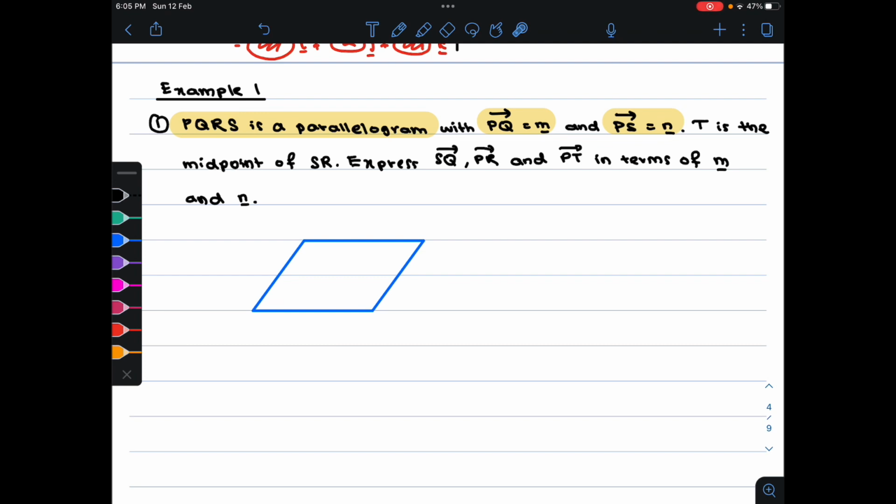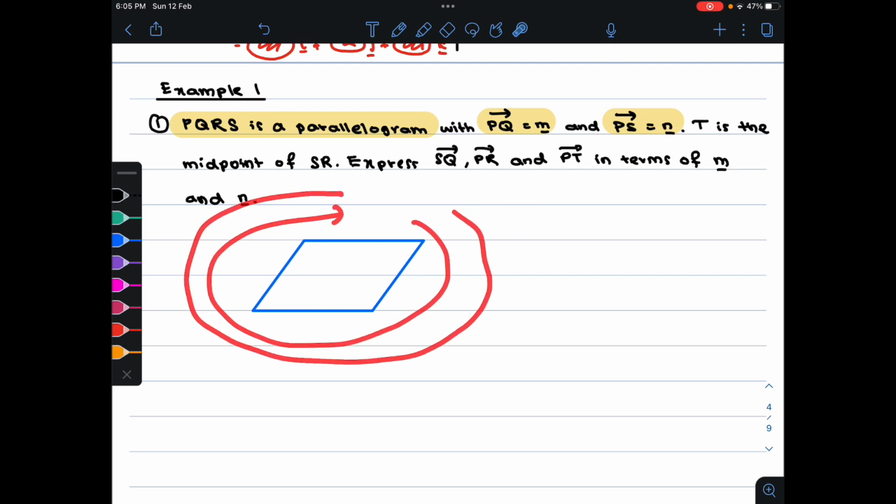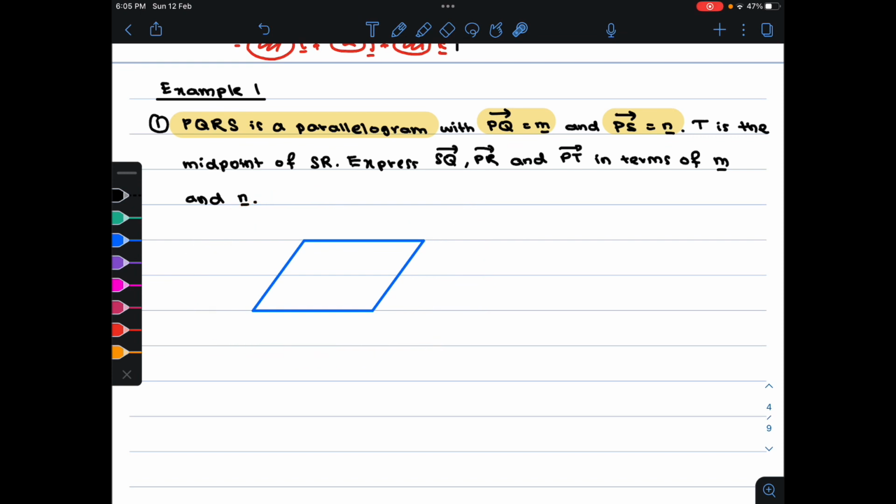You can label the vertices PQRS either in clockwise rotation or anti-clockwise rotation. You must follow one of these only. You cannot just write PQRS wherever you want. You must follow either clockwise or anti-clockwise.